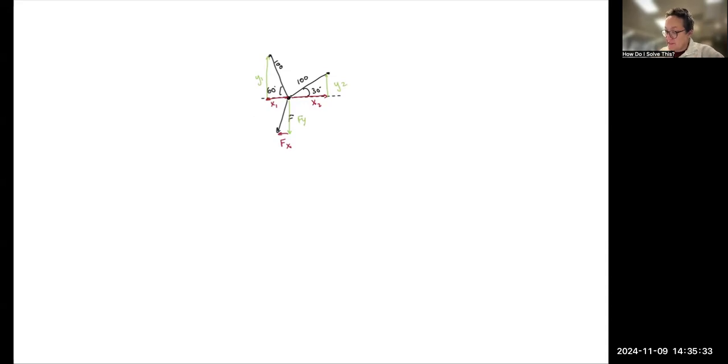So if we look at our 60-degree, we're going to have that y1 equals 100 times the sine of 60, which is 86.6 newtons. And x1 equals 100 times the cosine of 60, which is 50 newtons.